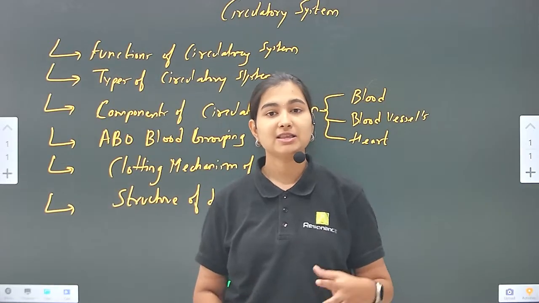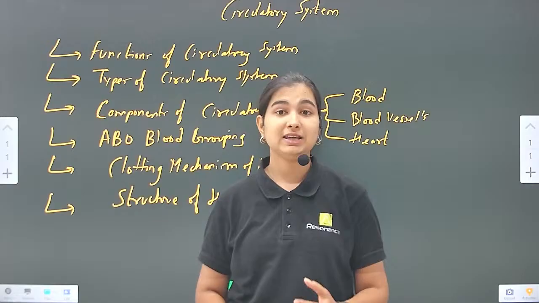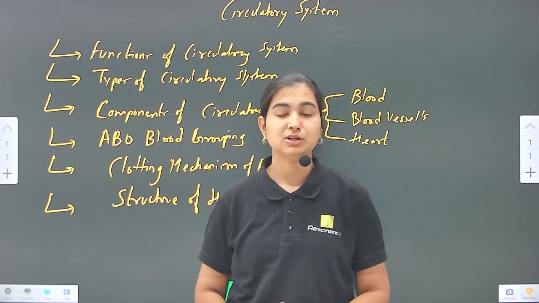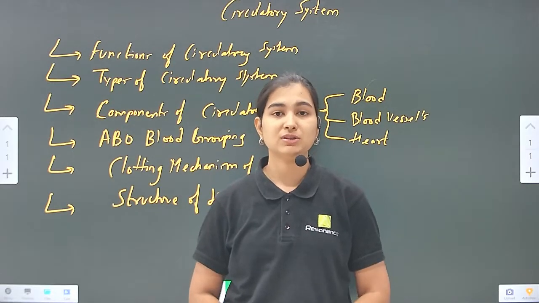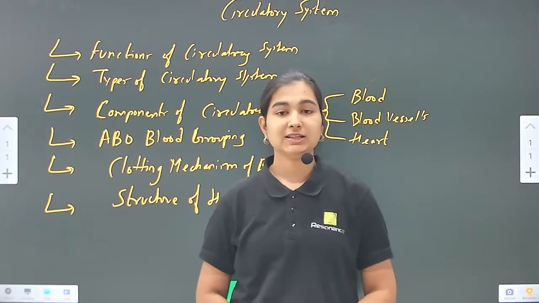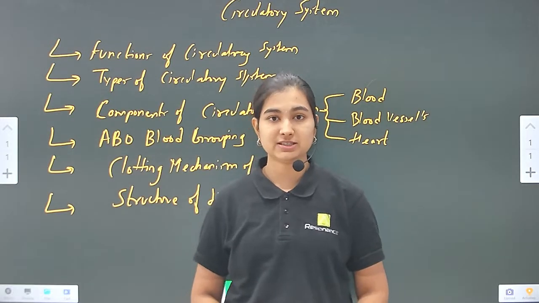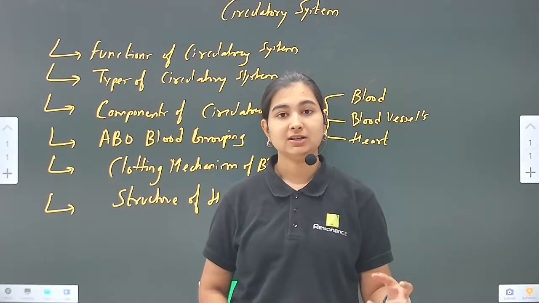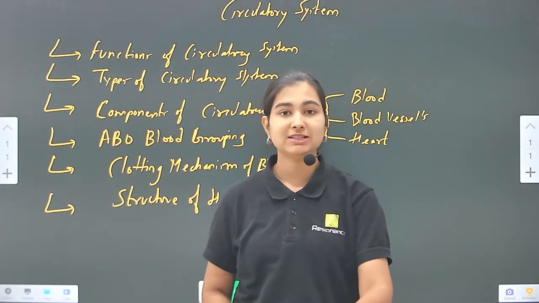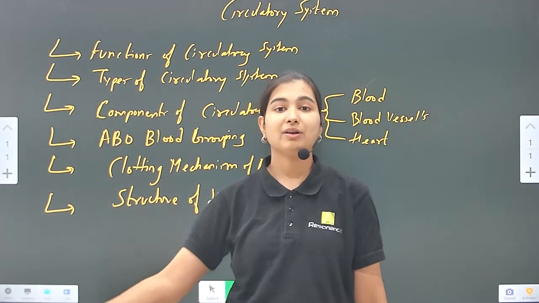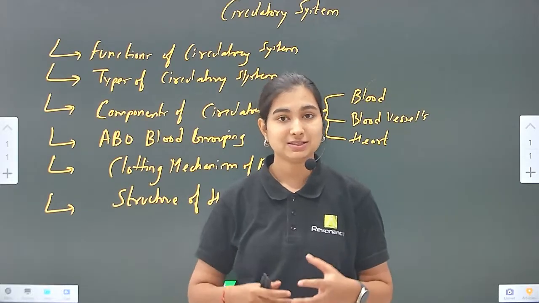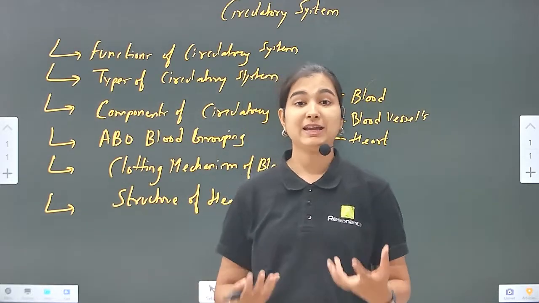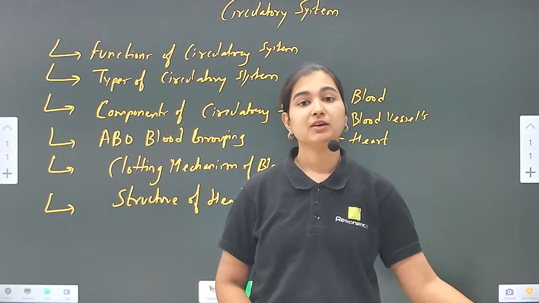It is observed in the primitive types and mainly found in the arthropoda and a few of the mollusks. Whereas in the closed type of circulatory system, we have well developed blood vessels. The blood flows through the blood vessels and is transported to the organs. The organs are not directly bathed in the blood, unlike in the open circulatory system.